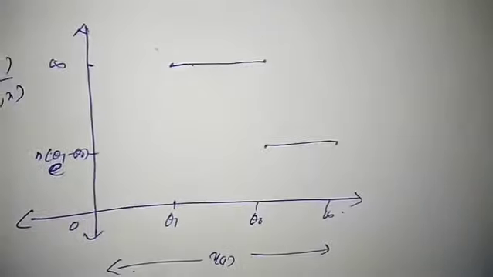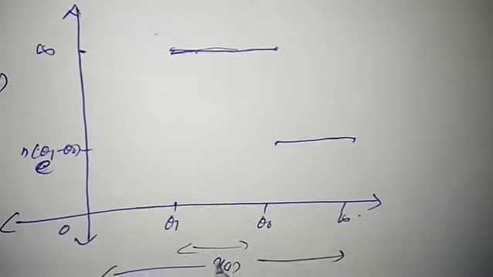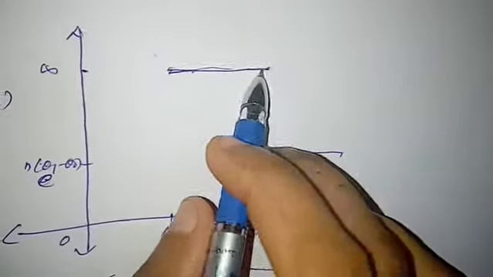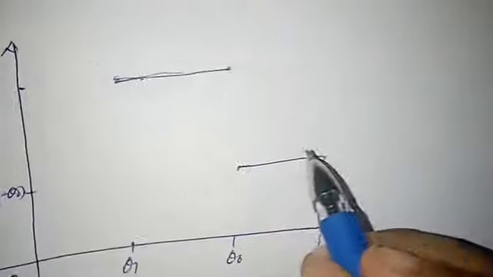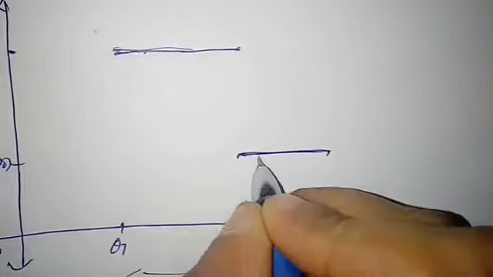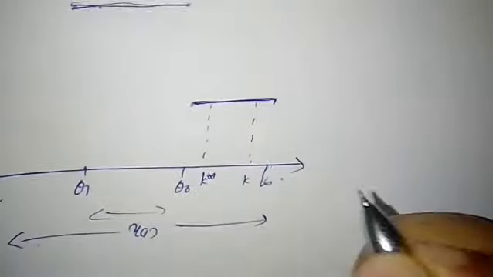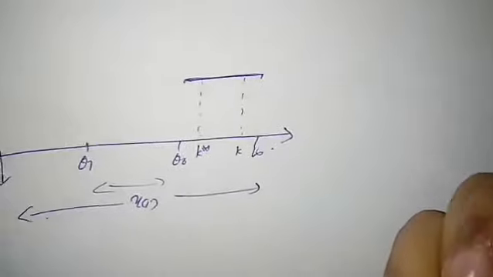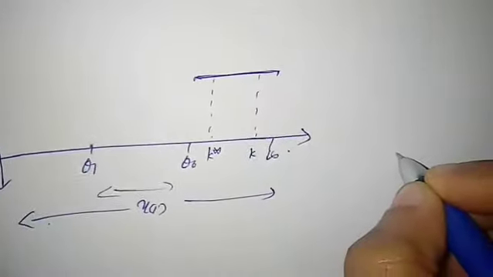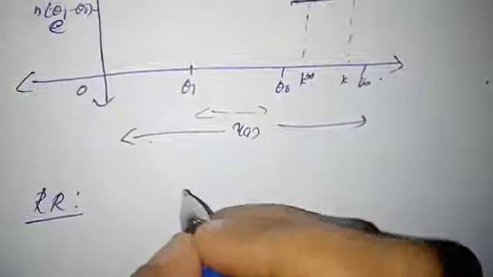So this is one rejection region, θ1 < x1 < θ0, because it takes the maximum value, infinity. But here we have to find out for which values of the constant we reject, so we divide it using k star and k. Then we get two rejection regions.